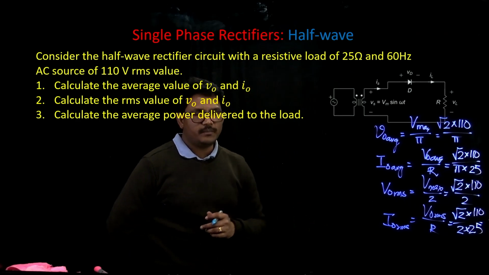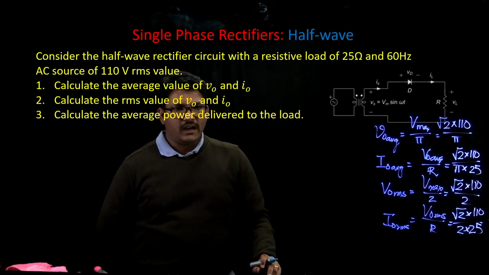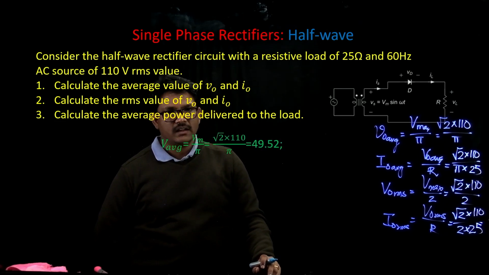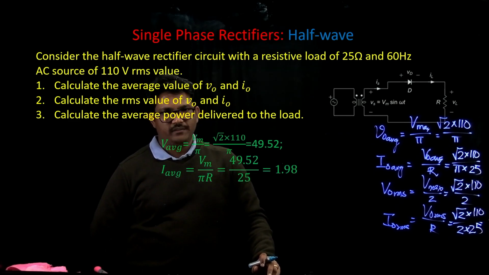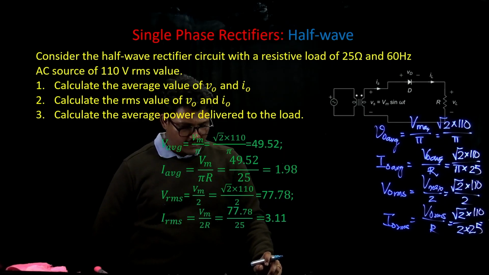This is where we get the values of average voltage and current output, and RMS values of voltage and current. You can see the respective values of V average and I average, and the RMS values of voltage and current can be calculated like this.